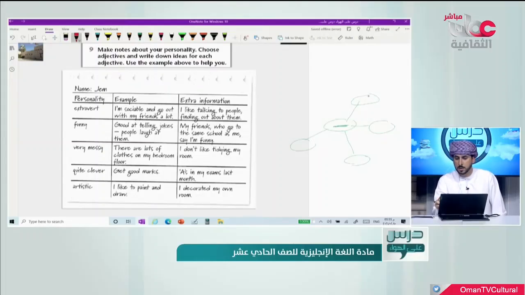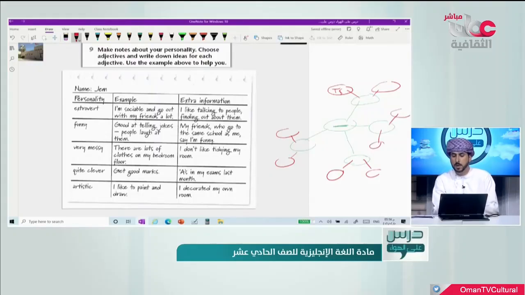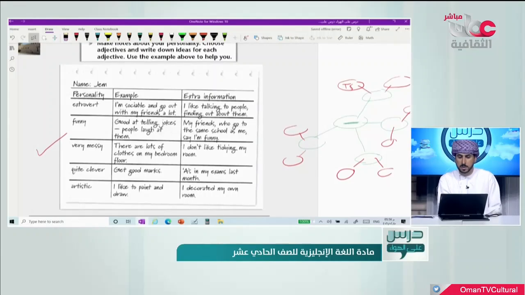You will add here the topic sentence. You will write something about the topic sentence. Here you will write extra information, which are what? Supporting sentences. Here in the same case, and here also, and you will end up with a well-planned structure.